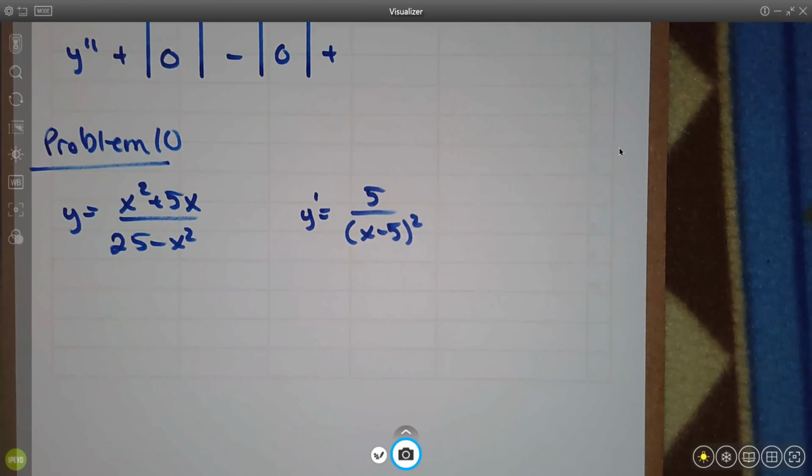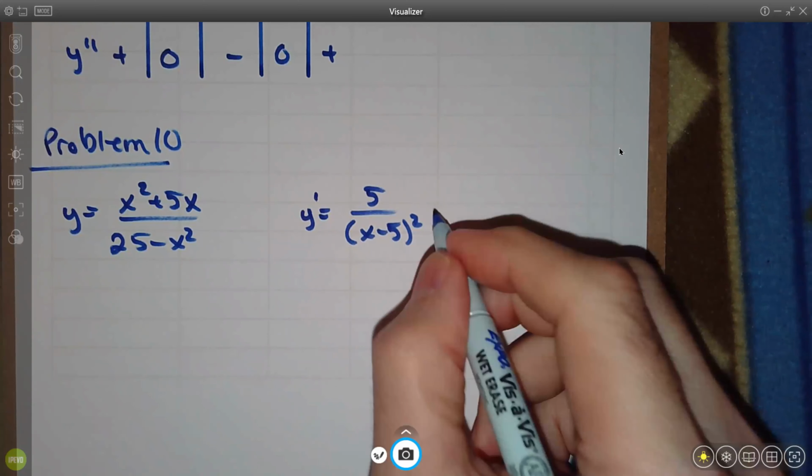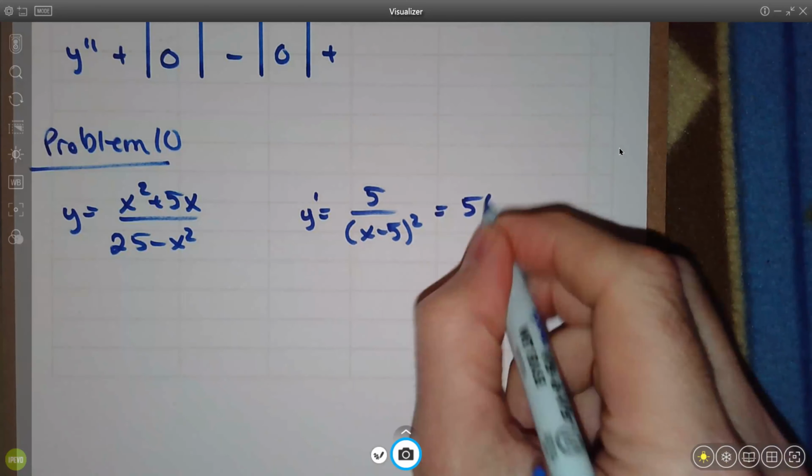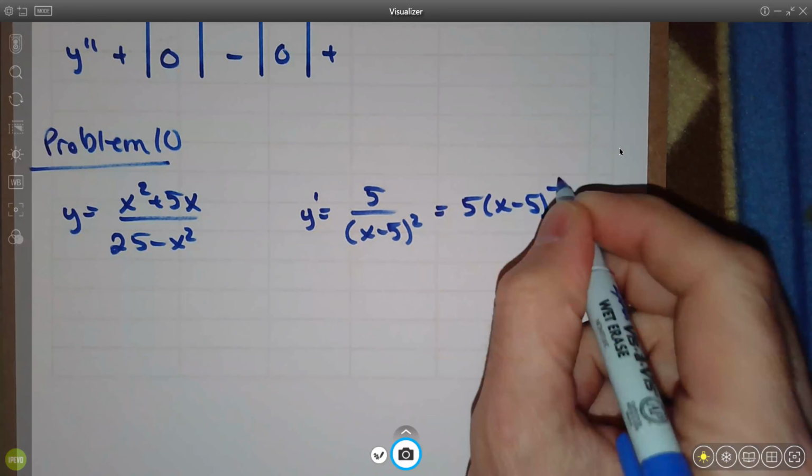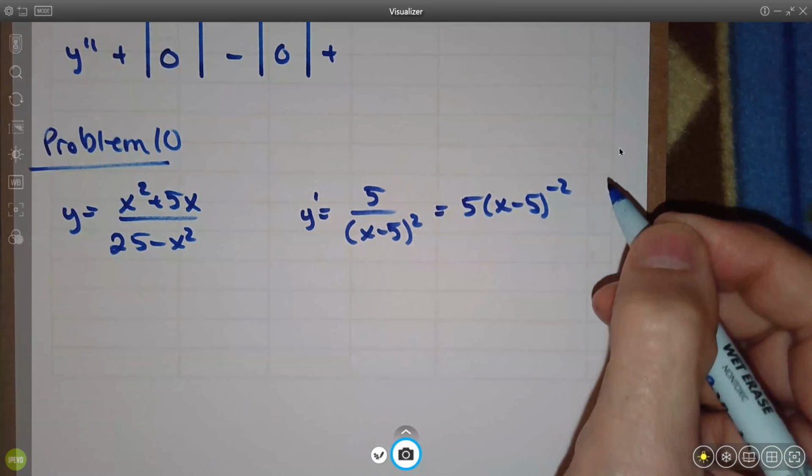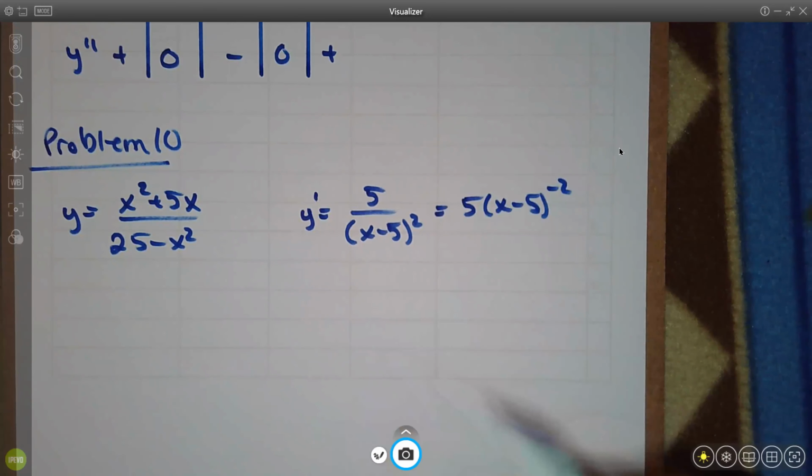Now, I can't really see on the Zoom, but I'll ask this question anyways. Raise your hand if you like using the quotient rule. All right, I don't see any hands. No one likes using the quotient rule. It's a pain. So what you could do is write that as 5 times x minus 5 to the negative second power, like that, and it's going to be easier to differentiate.